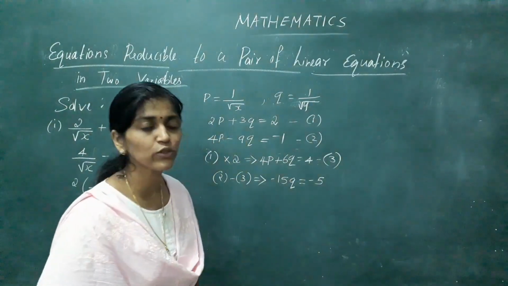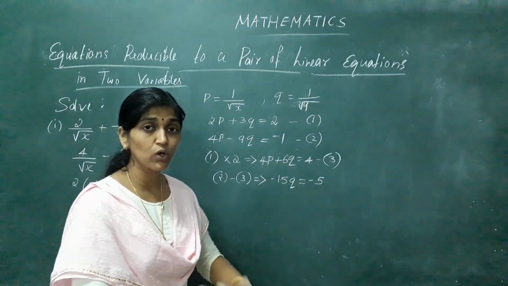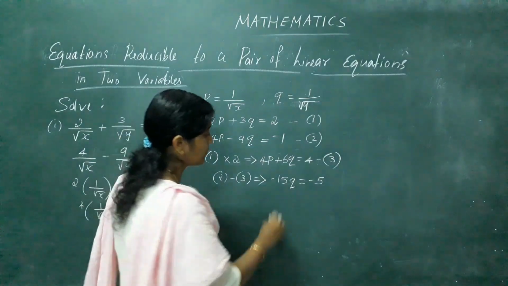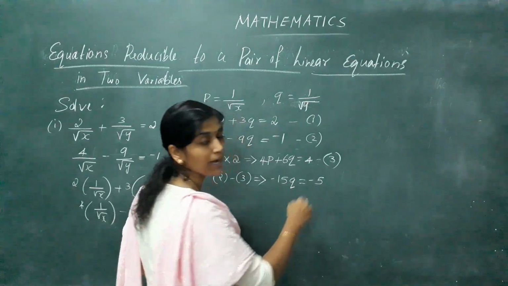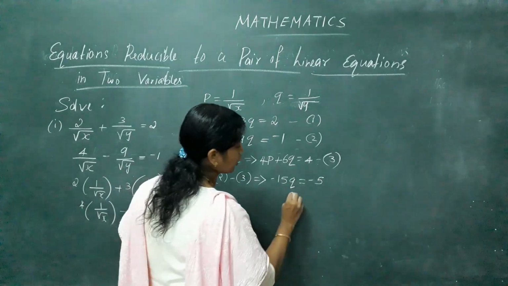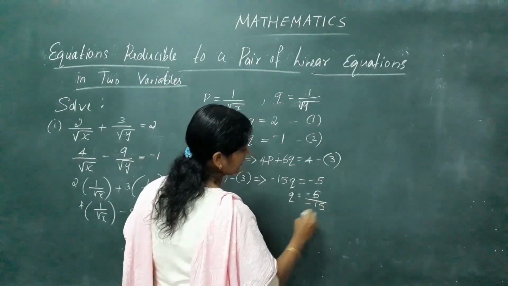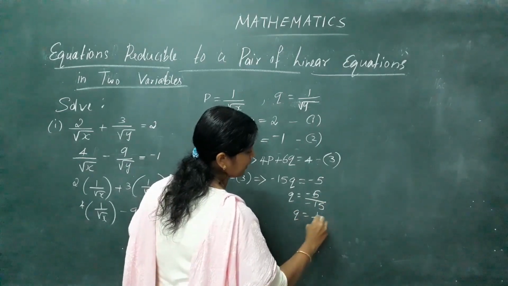Subtraction you have to do yourself. Do a lot of questions so that you become thorough with the calculations. So we get minus 15q is equal to minus 5, which means q is equal to minus 5 by minus 15, which is q is equal to 1 by 3.